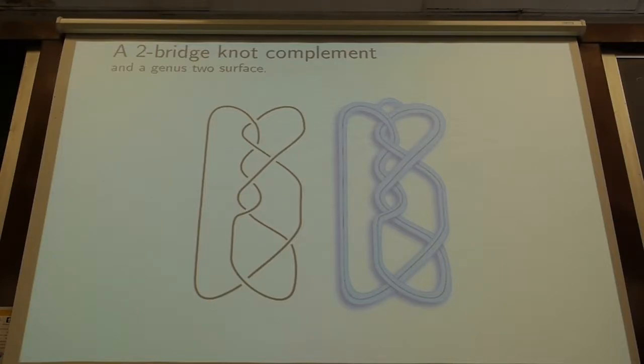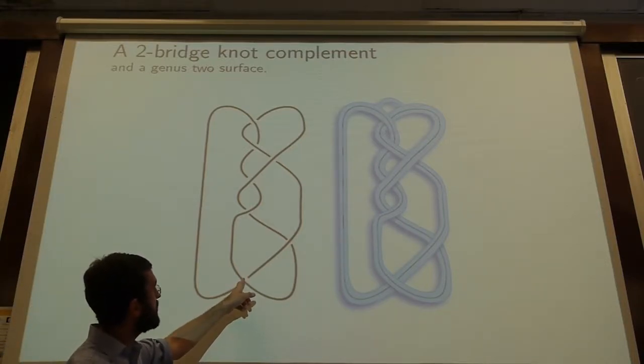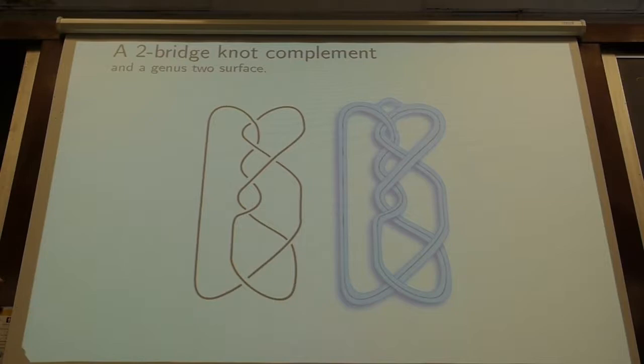Yes? I don't know whether you're being inefficient on purpose, but I think there's a theorem that says that any two-bridge knot can be given an alternating presentation, and yours isn't. Oh, I'm not being inefficient on purpose, but I was probably a little lazy. That's a good point, so let's pretend that I think we switched those two crossings.